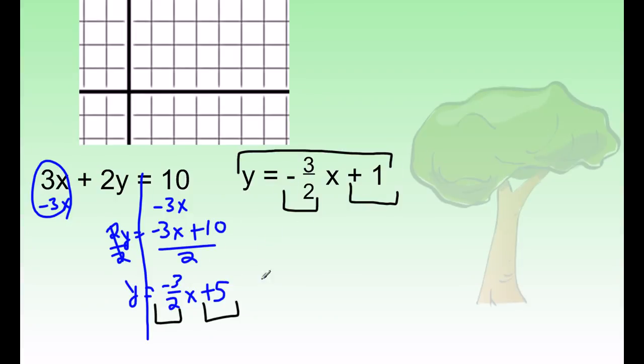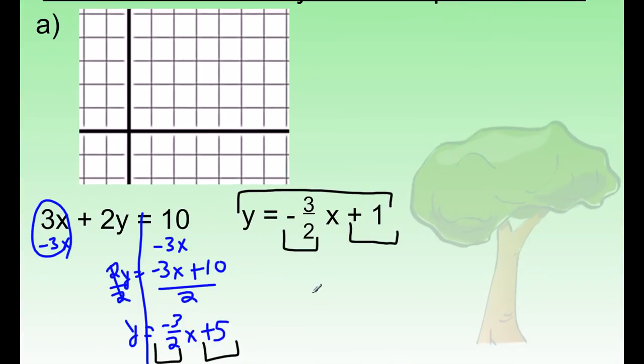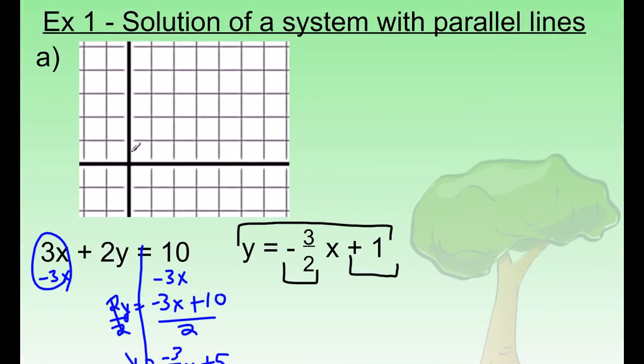different y-intercept. If I graph the first one, the one on the right here, in black, the y-intercept is positive 1, and the slope is down 3 over 2. Down 3 over 2, and I'm out of space, so I'm going to do the reverse: up 3 over 2. This is the graph of the first equation.